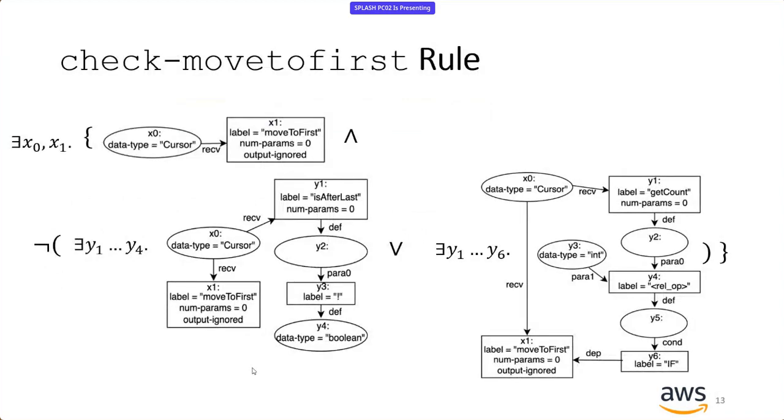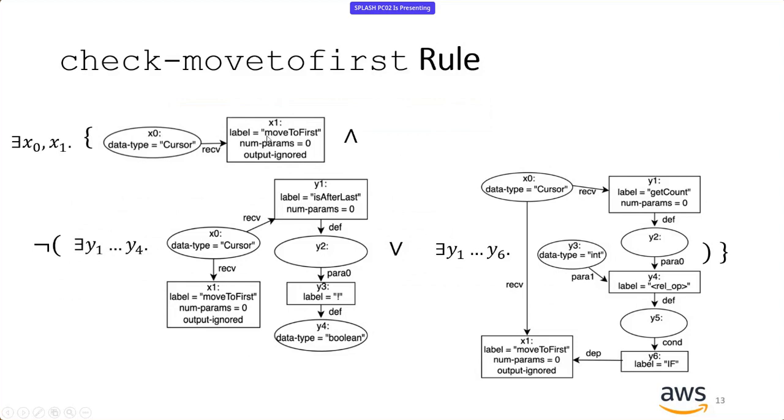Okay, so just to go over the move to first example that I showed in the earlier slides. This is a graphical representation of the rule that was synthesized from that example and other examples for this rule. The buggy pattern here consists of just two nodes.